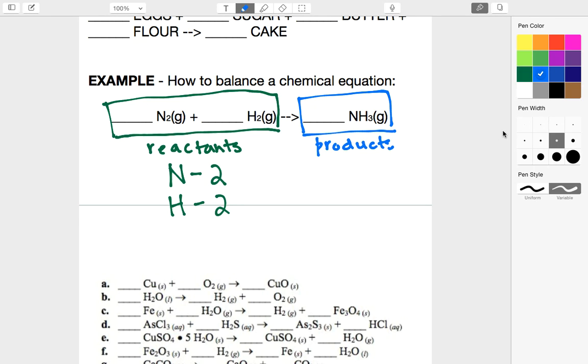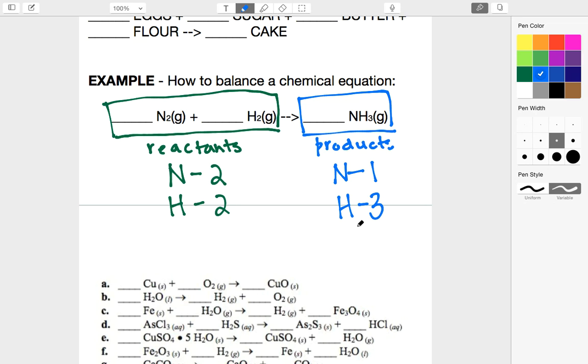For products, I have NH3. So N, next to it on the bottom, there is no subscript. And if there is no subscript, that means I only have 1 nitrogen. H3, the subscript is 3.